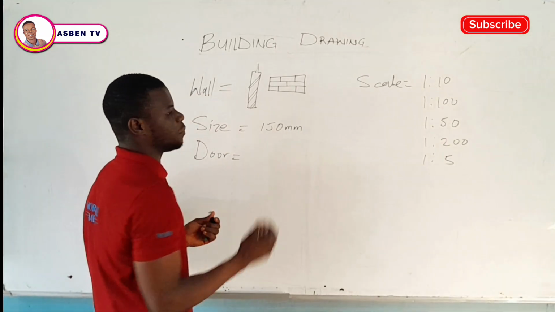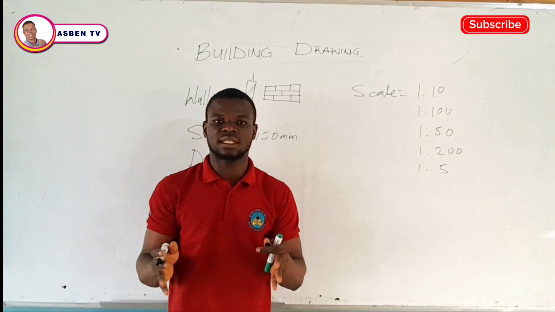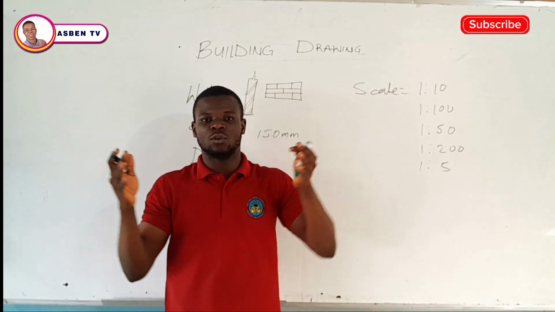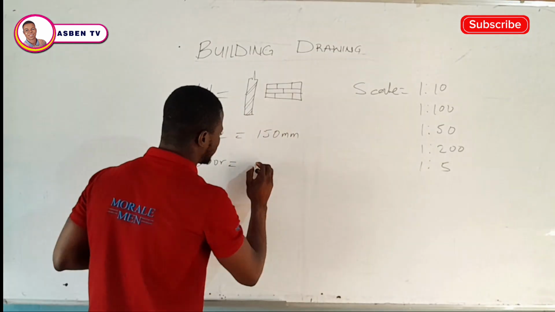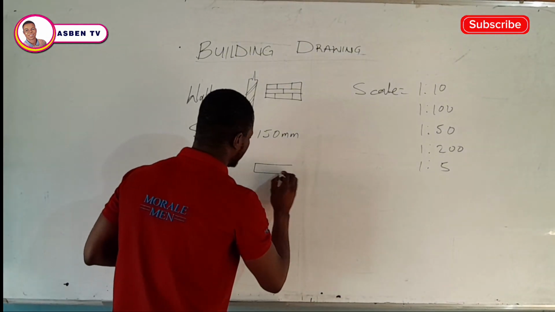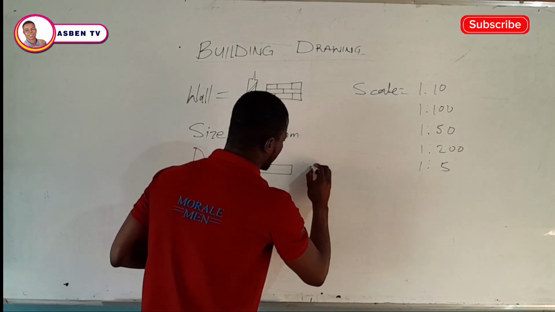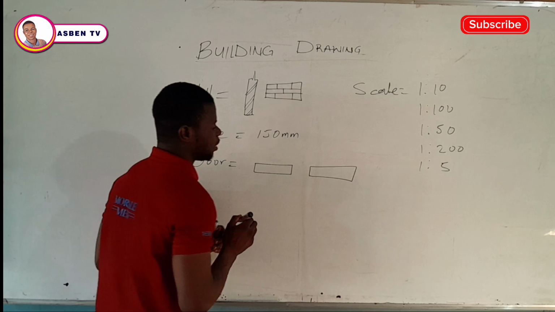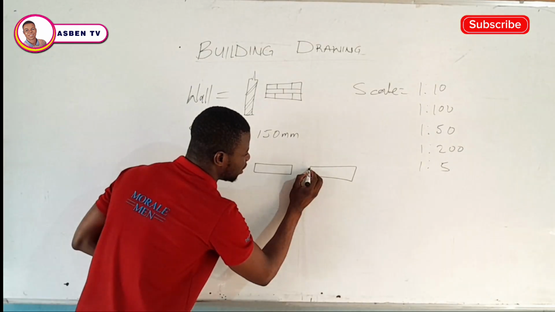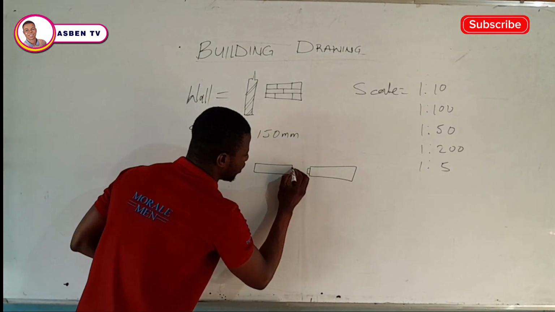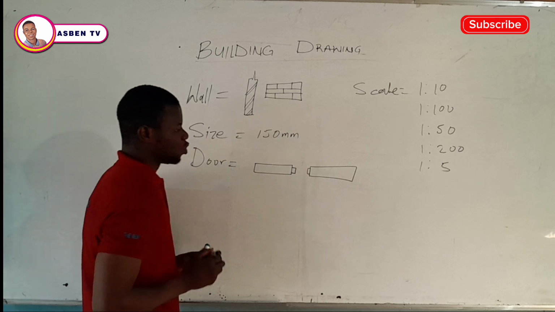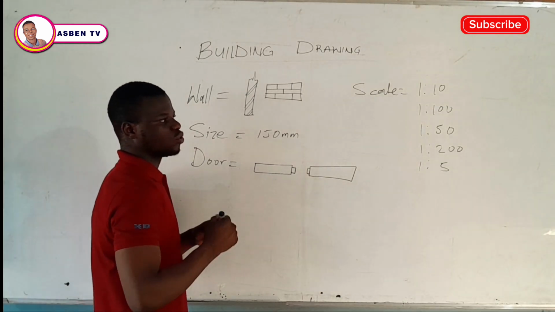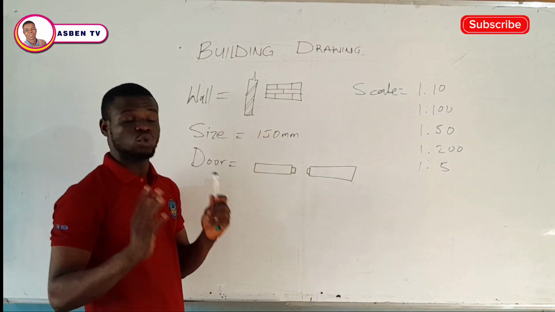When you check in every building, they will fix the wall frame with the walls, then they will place in the door. So first of all, you draw the wall. This is the wall. Then the door frame will be here, and this will be here. It depends on how you want to do it. You can make the symbol in 2 ways.